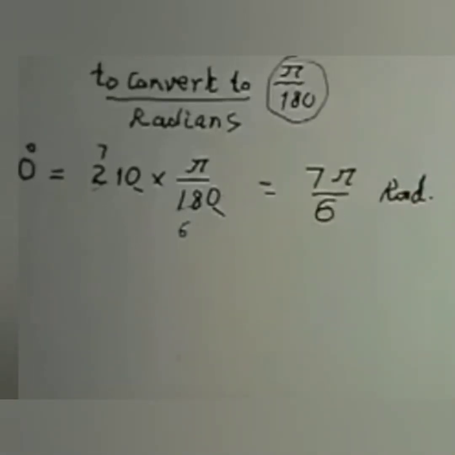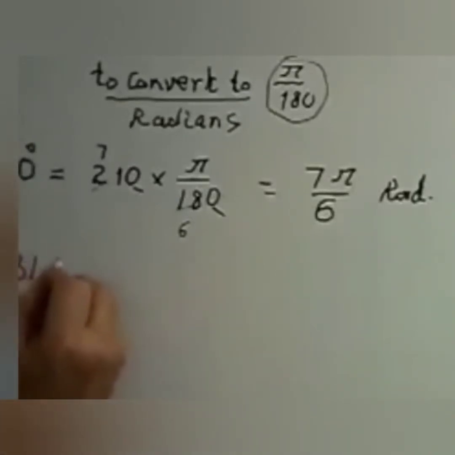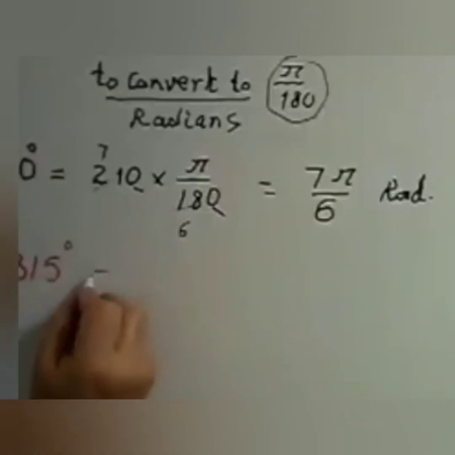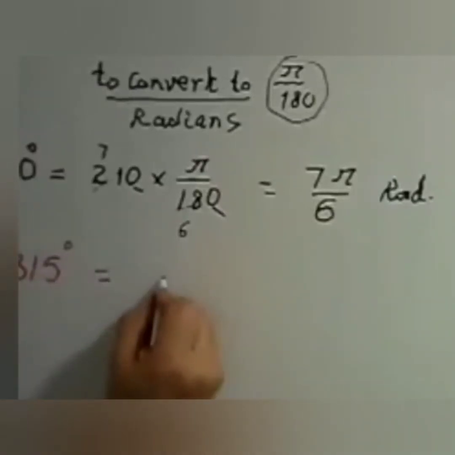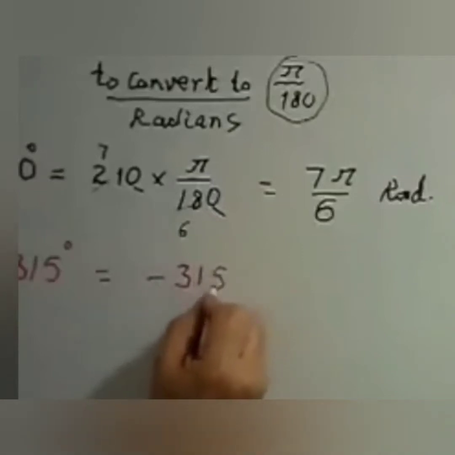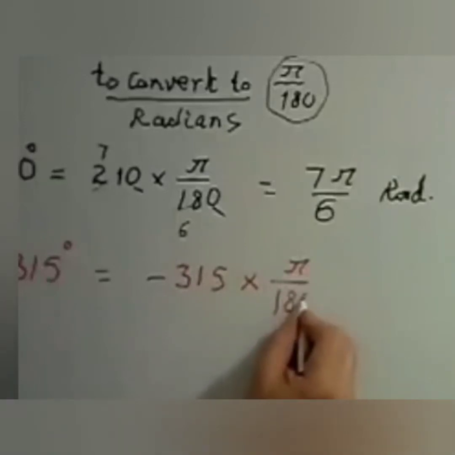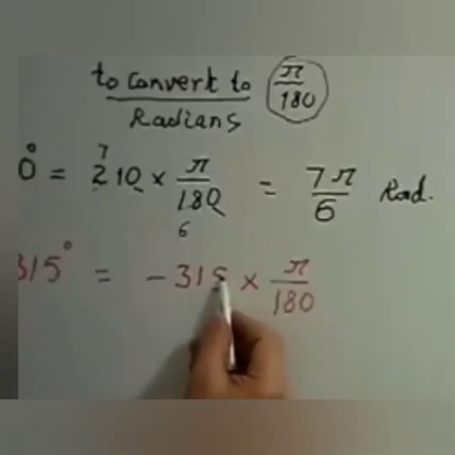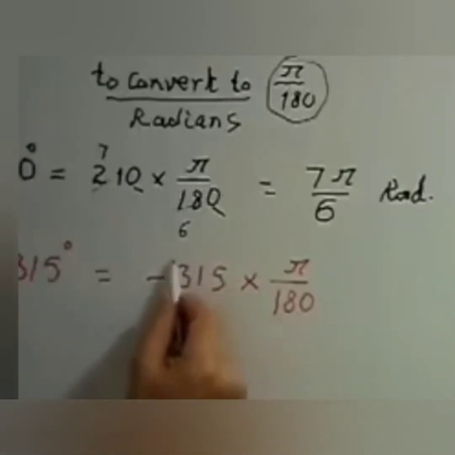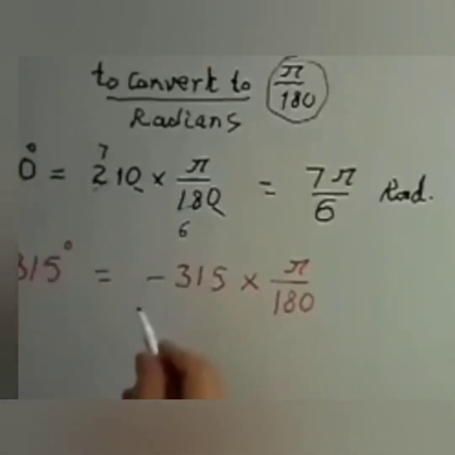Okay? Same thing for the other angle, negative 315 degrees. To convert it into radians, you say negative 315 times pi over 180, and simplify this to get the answer. You can divide by 5, or if you look at 315, you find it's a multiple of 45 actually.